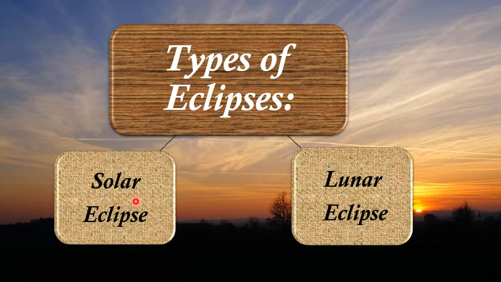So when the sun gets dark, it is solar eclipse. When the moon gets dark, it is lunar eclipse. The solar eclipse we have discussed in the last class in detail. We would start today's lecture with lunar eclipse. But let's first see what is solar eclipse, then we will proceed to lunar eclipse.